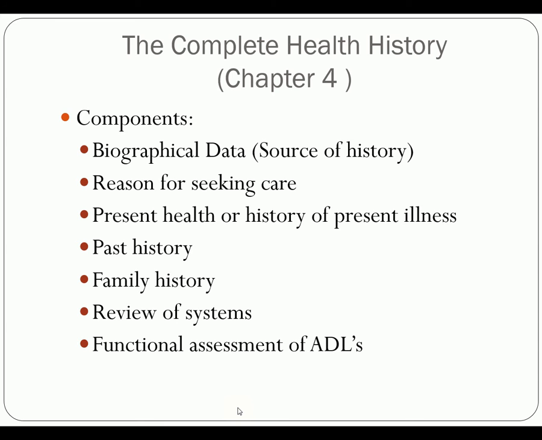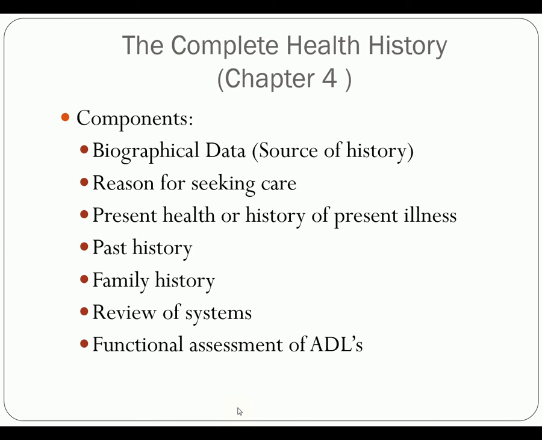Biographical data, source and reliability, and reason for seeking health care, 5 points. Present history of present illness, 5 points. Past health, 5 points. Now, why is the genogram, the review of systems, and the functional assessment worth 10 points? Well, you're fixing to find out. You do twice as much work for those, okay?